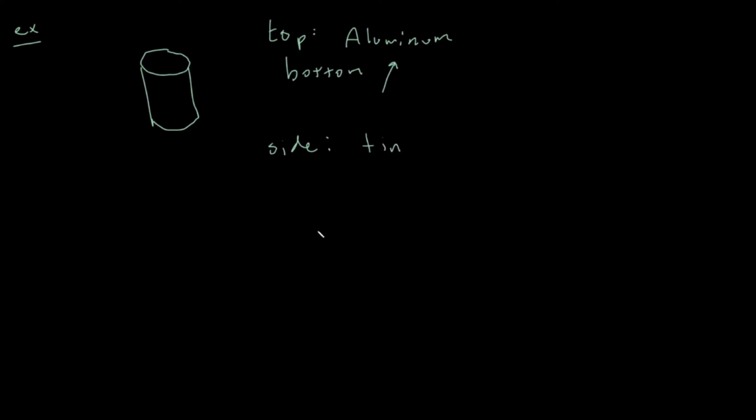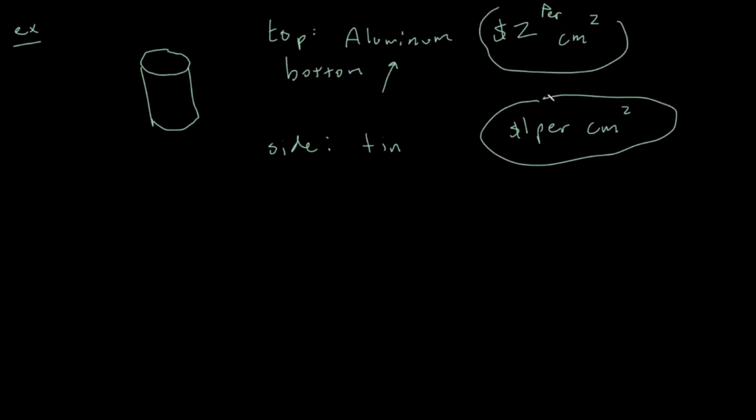So, and then aluminum is going to be $2 per square centimeter. And then tin is going to be $1 per square centimeter. So knowing these two facts, we want to, well, first of all, we need this to be 1,000 centimeters cubed in volume. And we want to minimize the cost.